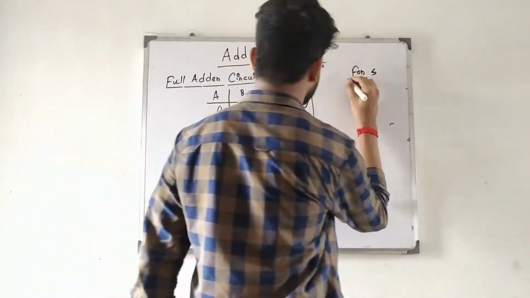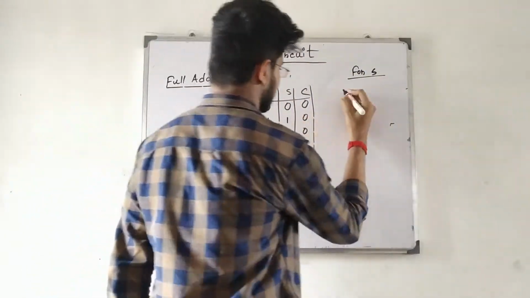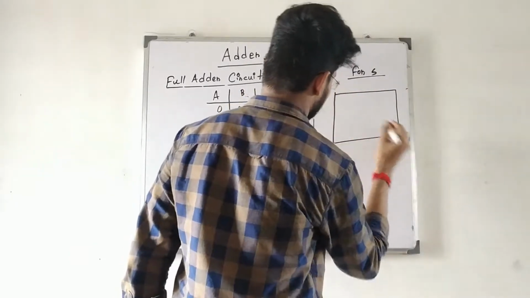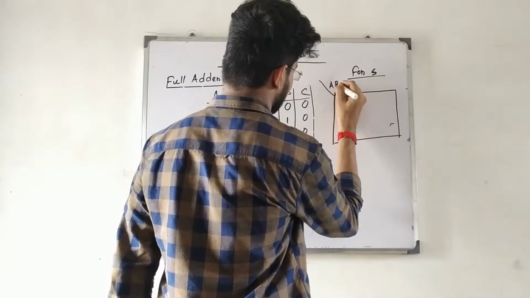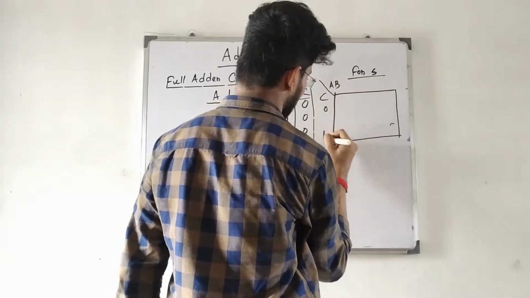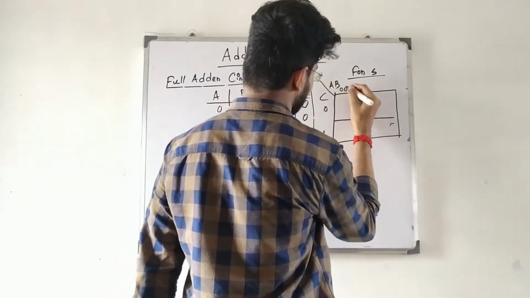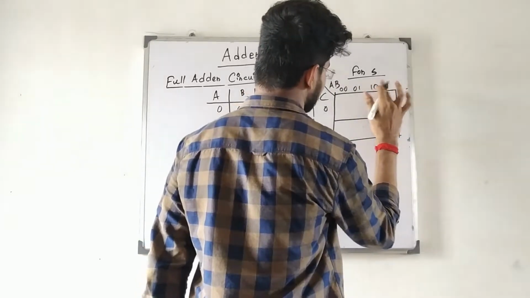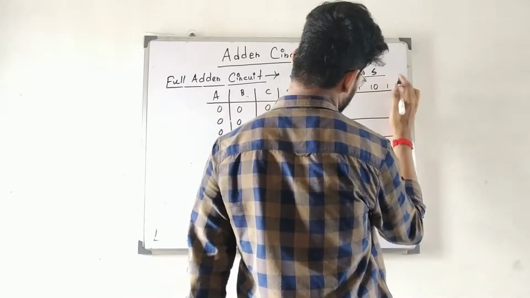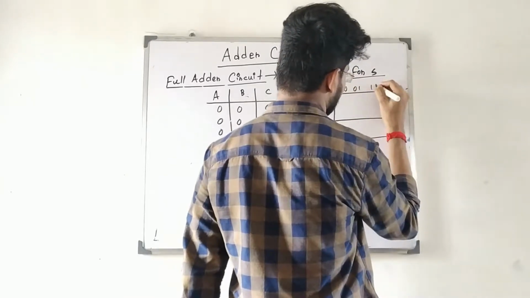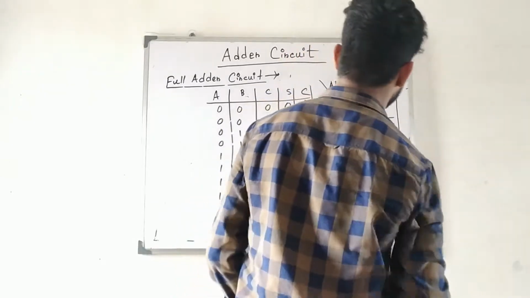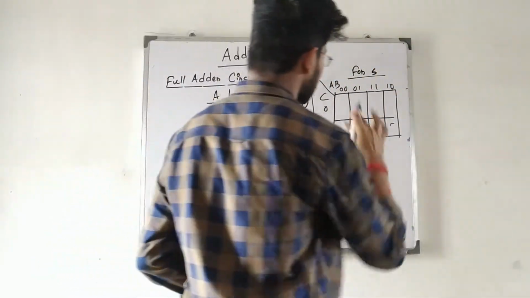So this is the K-map for S, with AB along one axis and C along the other. These are in Gray code order.